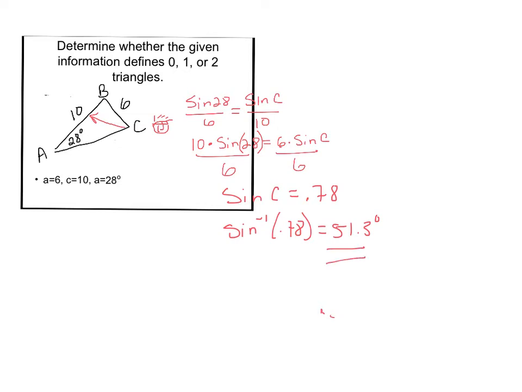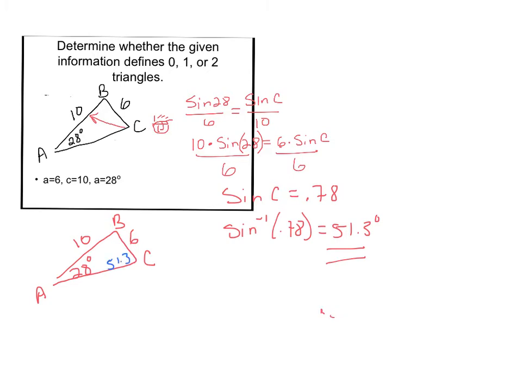So I'm going to redraw the triangle that I drew in the beginning, and I have A, B, C. This is 28 degrees. This is 10. This is 6. And I just found that angle C is 51.3 degrees. And that works.